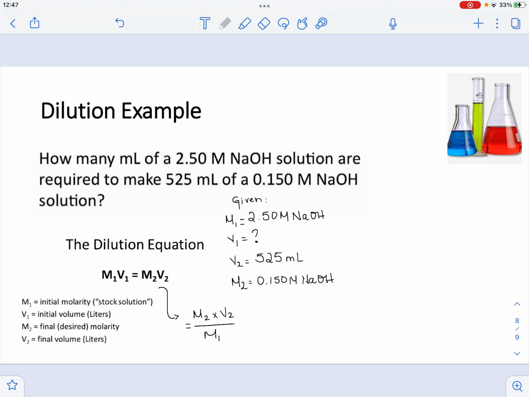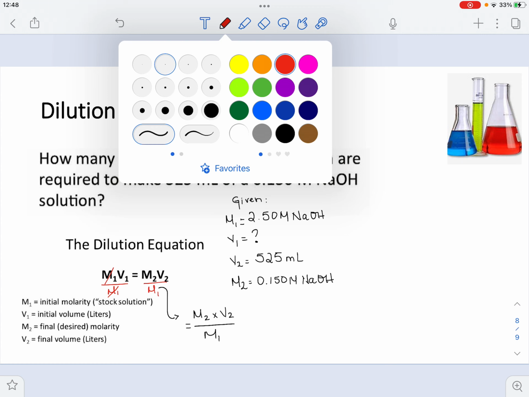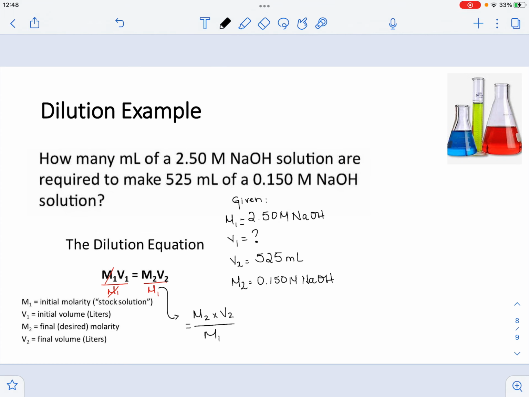All I'm doing overall, let me use a different color, is dividing both sides by M1 to cancel that M1 term and leave the V1 term by itself. So now that I have rearranged my equation, V1 equals M2 times V2, everything divided by M1.